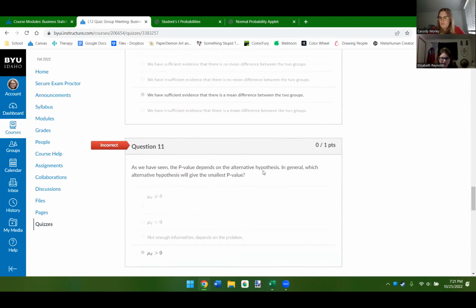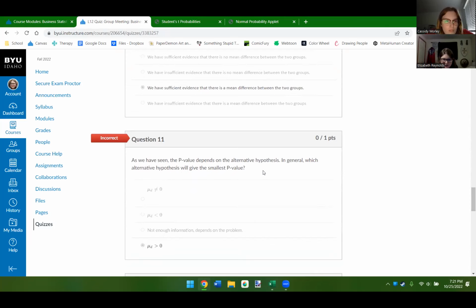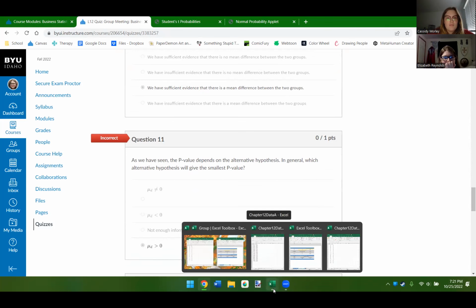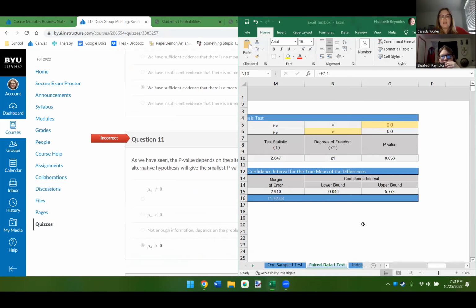Let me look at 11 real quick here. Maybe it's not enough information. Because we did only look at one data set. So it could be different depending on the data set.